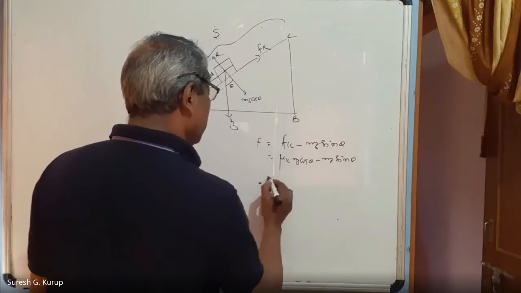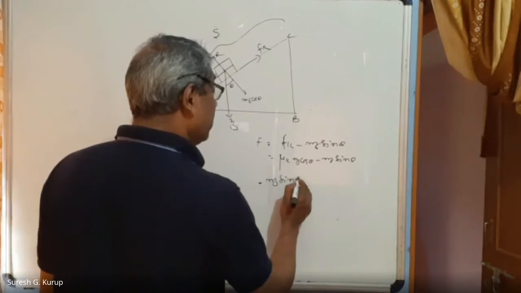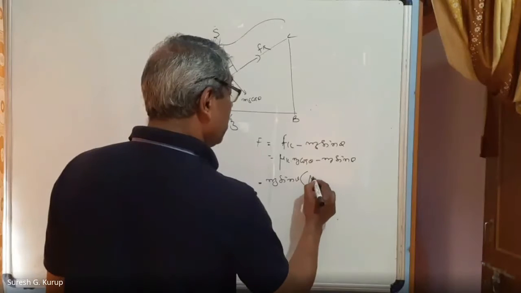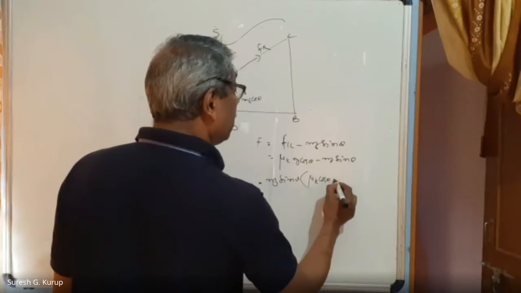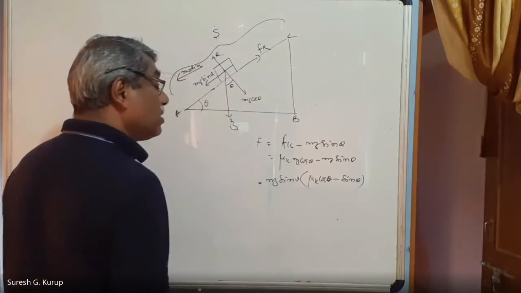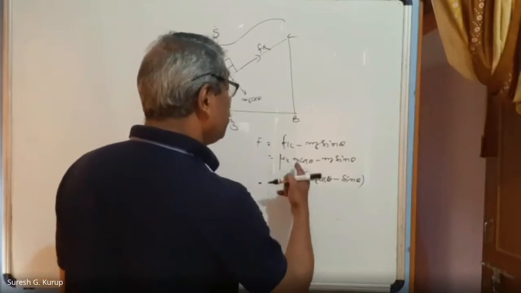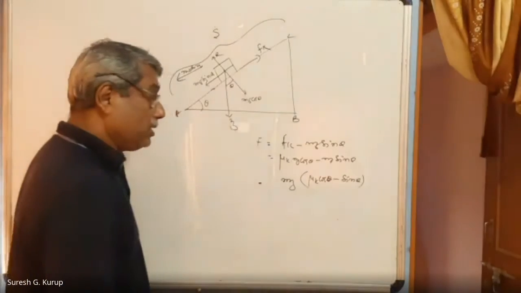Here mg is taken outside. You will get mg into mu k cos theta minus sin theta.